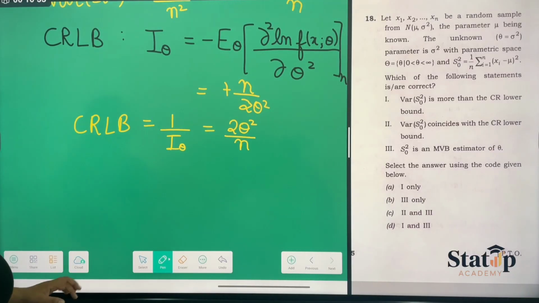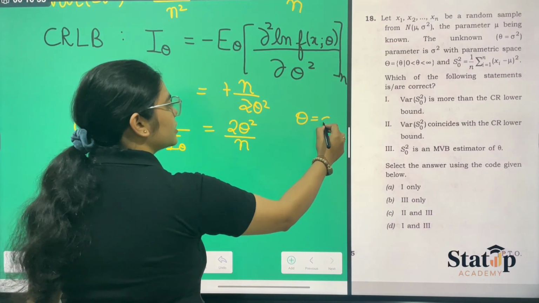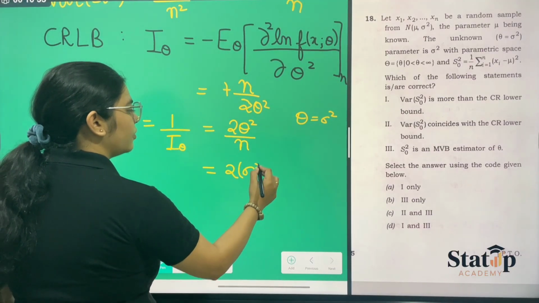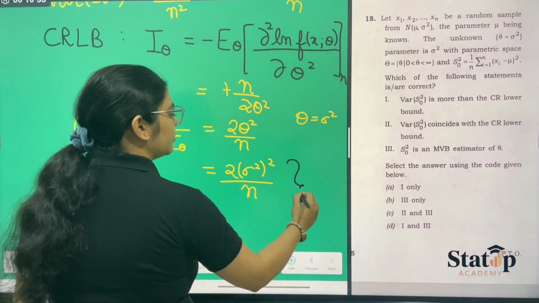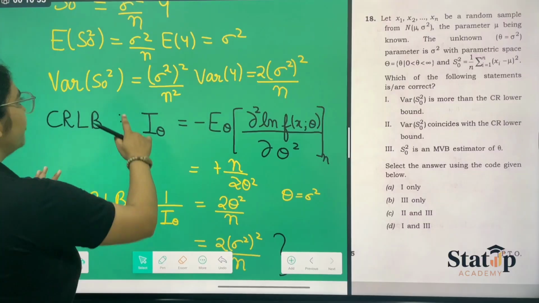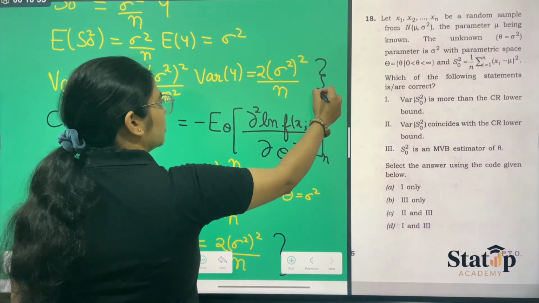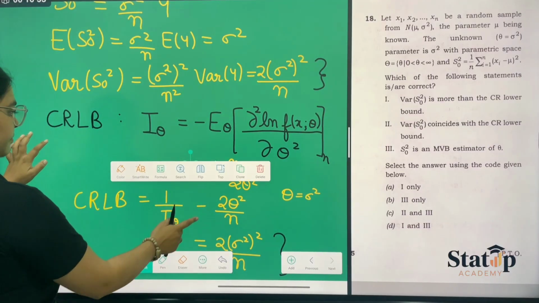Now theta here is nothing but equal to sigma square, so we will substitute it to get (sigma square) whole square times 2 upon n. Now if we see this clearly, this CRLB and the variance of s naught square, both of these, let me take it in one frame.